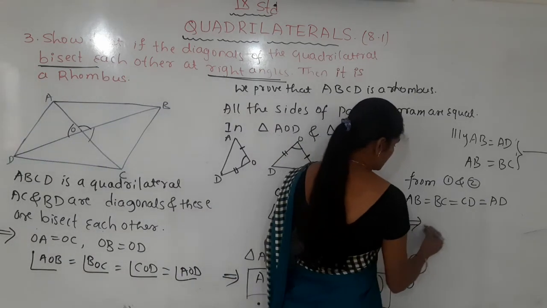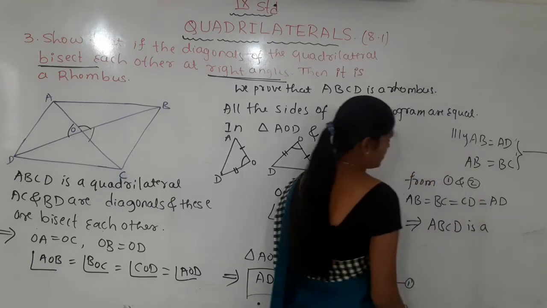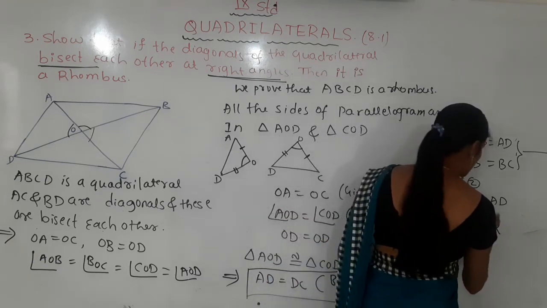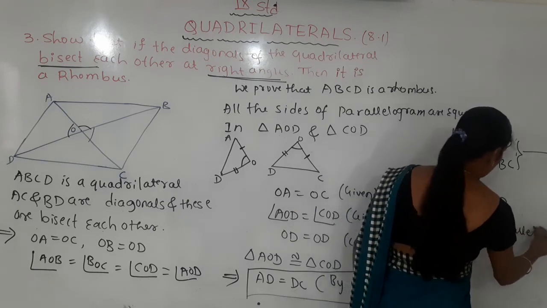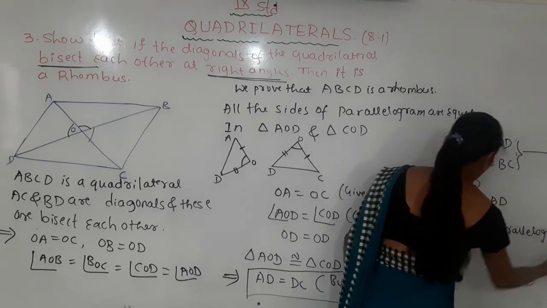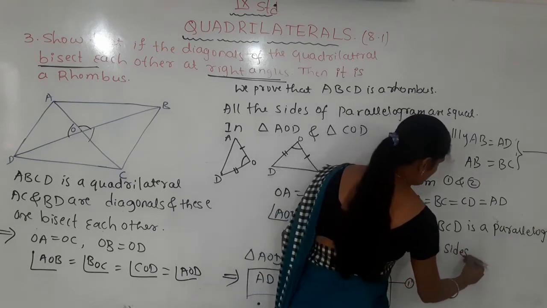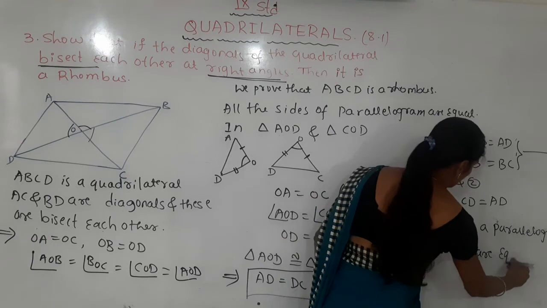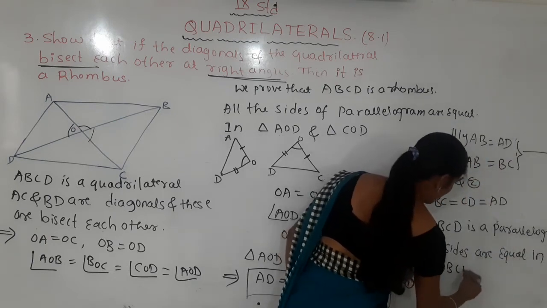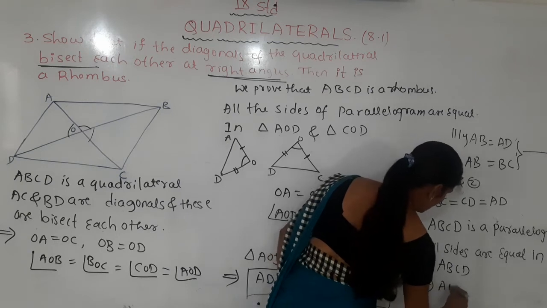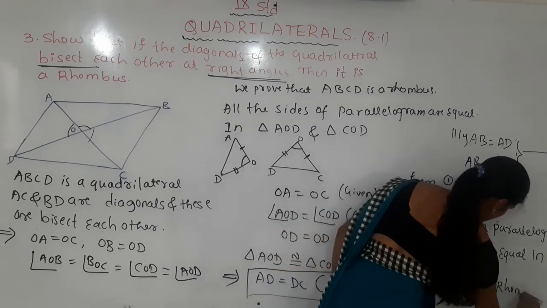This implies ABCD is one of the what? Rhombus. First, it is a parallelogram, and in this parallelogram all sides are equal in ABCD. Then it implies ABCD is a rhombus.